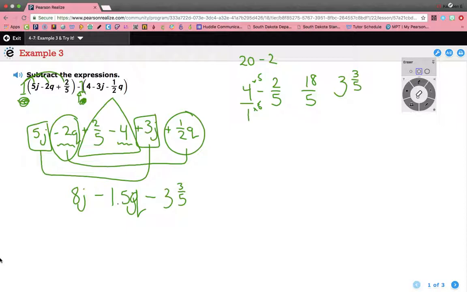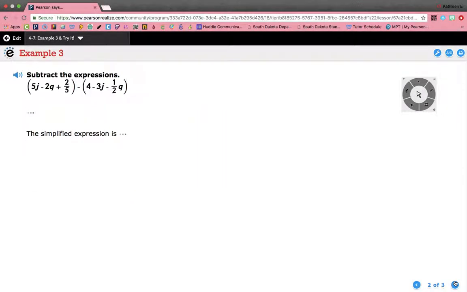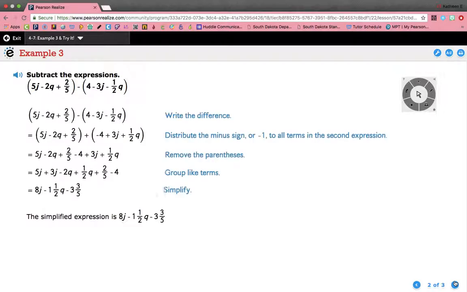So let's go ahead and erase this one and move on to the next one. Whoa, there's a whole bunch of stuff up there. So subtract the expressions. Write the difference. That just means write it down. Distribute the minus sign or -1 to all terms in the second expression.